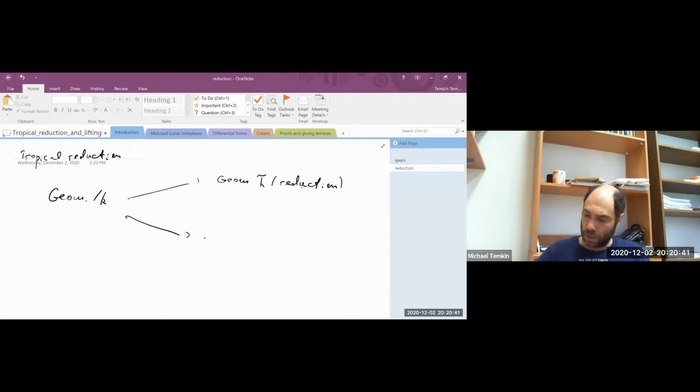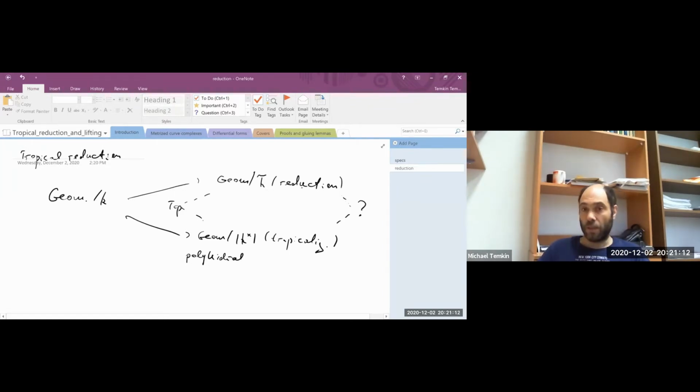Or one can associate a geometric object over the group of values, which is polyhedral geometry. Typically, this is tropicalization. Whereas sometimes there is a common topological information which is encoded both here and here. But the interesting thing is to combine them together in a compatible way. And this is what I am calling tropical reduction.